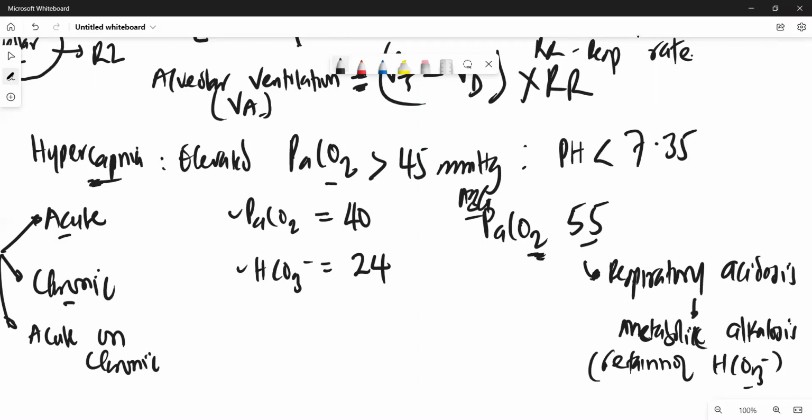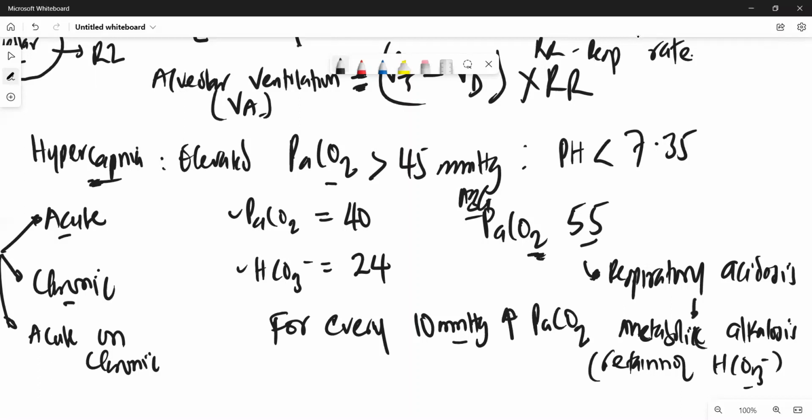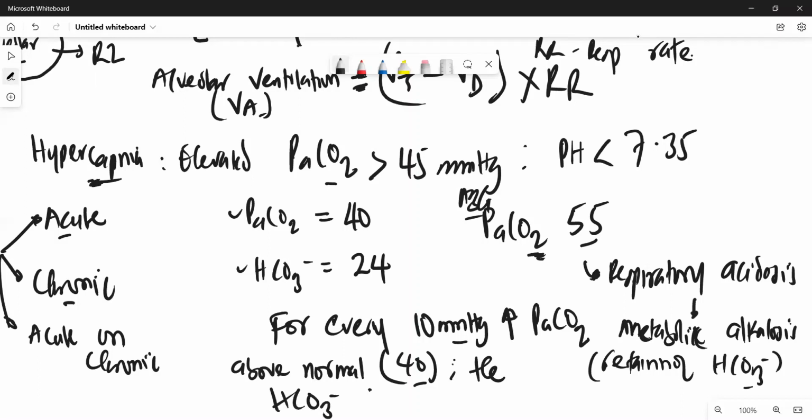Normally, for every 10 millimeters of mercury increase in your CO2 above normal, and the normal is 40 like we mentioned, the bicarb should increase by approximately 4.